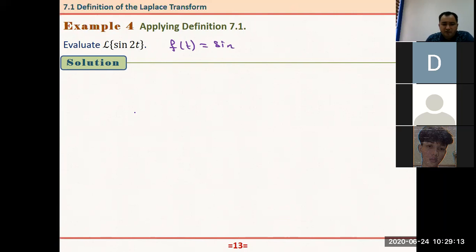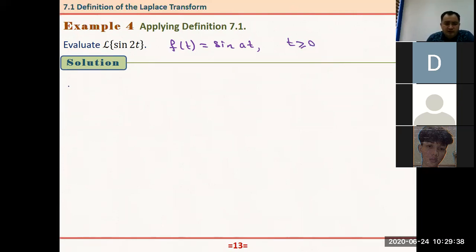Guys, also we are going to get the formula, but here, since you understand the definition, I'm just going to get the general formula. Then I can evaluate this. Instead of 2t, let's say our function is sine of at. And now we know that this function is defined for every real value of t, and also particularly is defined over this interval.